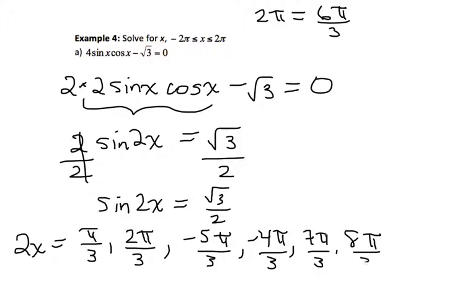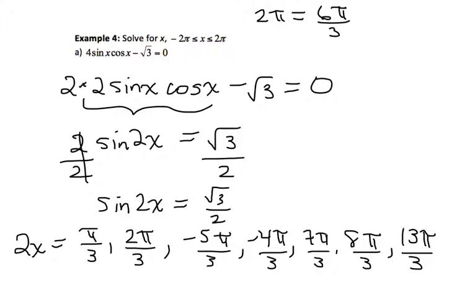8 pi over 3. Also, I'm going to add 2 pi once more to this one because I know I'm dividing by 2. So when I add another 2 pi to that one, then I'm going to end up with 13 pi over 3. And I'm also going to subtract another 2 pi from this one because I'm going to end up dividing by that 2.